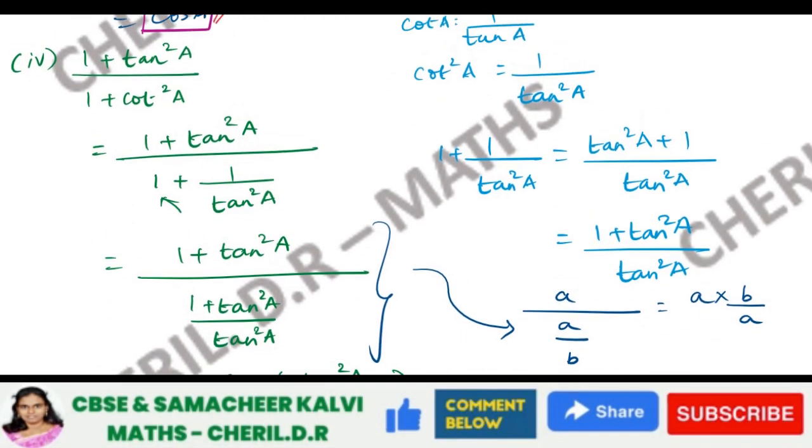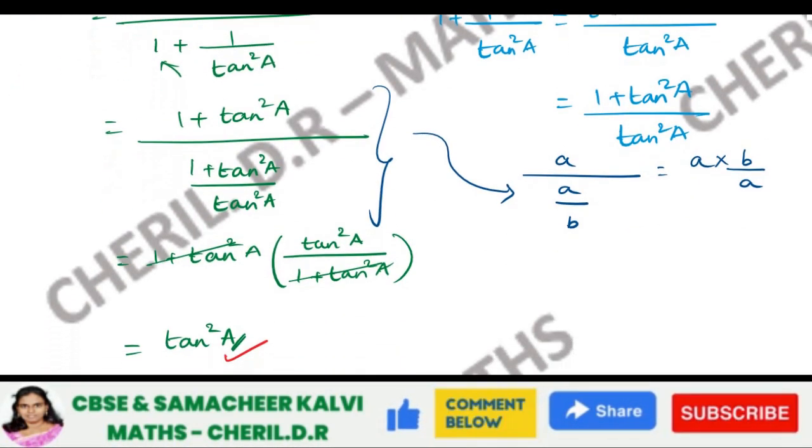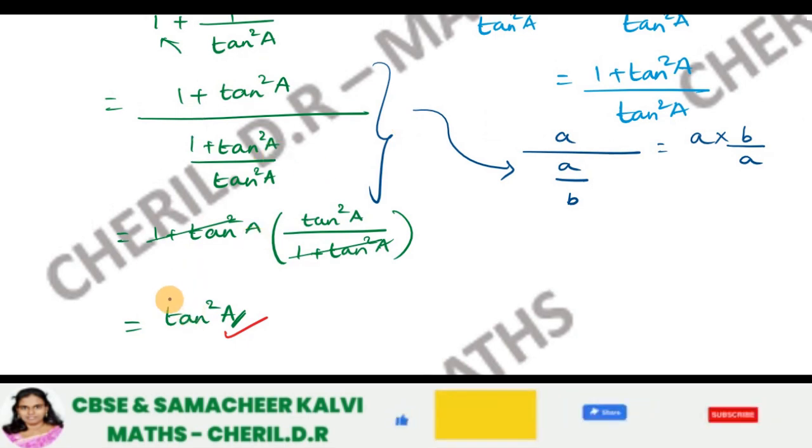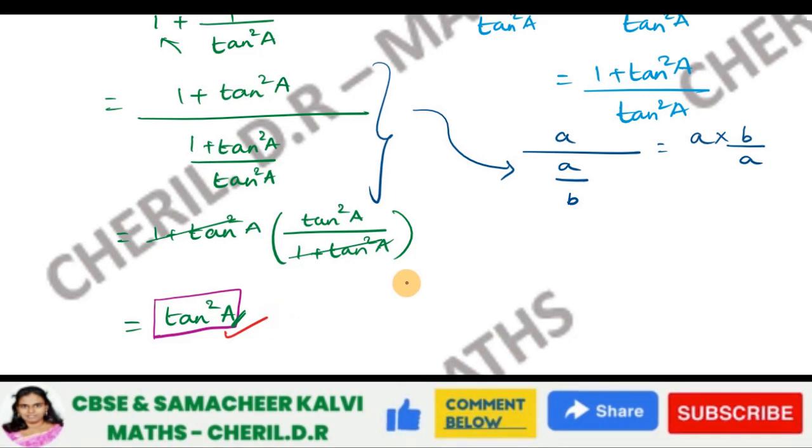We just converted cot square A into 1 by tan square A, and then we could do a very simple calculation, thereby giving the answer tan square A.